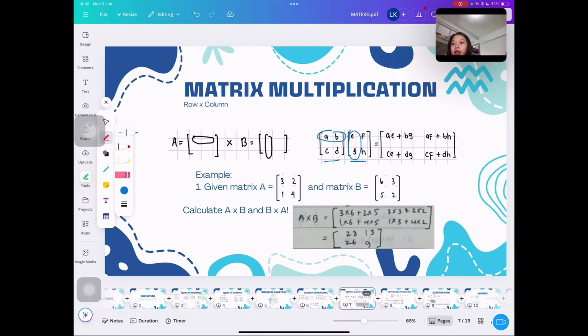So the answer is 3 times 6 for this one, 2 times 5 for this one, 1 times 6 for this one, 4 times 5 for this one, and then 3 times 3 for this one, and then 2 times 2 for this one, 1 times 3 for this one, 4 times 2 for this one. So the answer is 28, 13, 26, and 9.